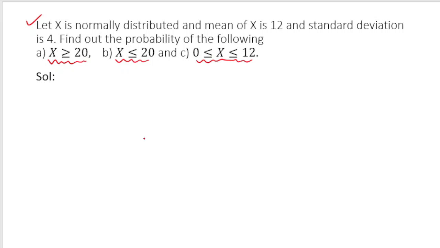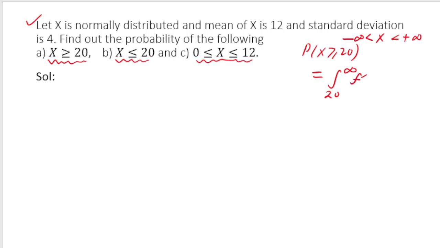Okay. So whenever we have to solve this problem, those who have a clear understanding of continuous probability distribution will say that if I have to calculate the probability for x greater than or equal to 20, I will integrate from 20 to infinity, because in case of normal distribution, x takes values between minus infinity to infinity.